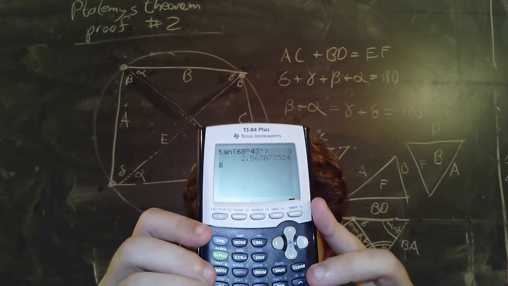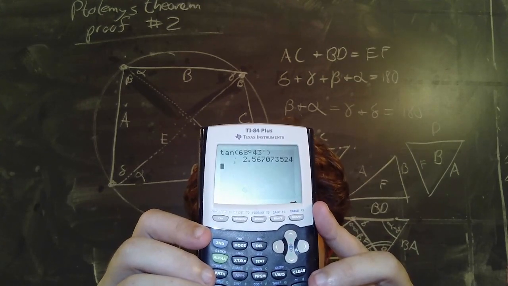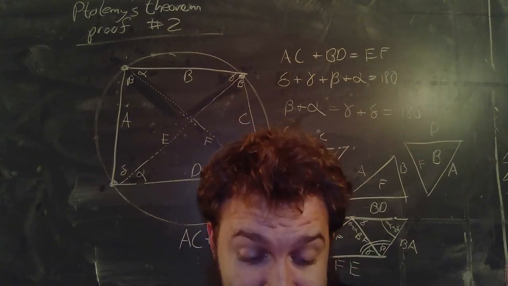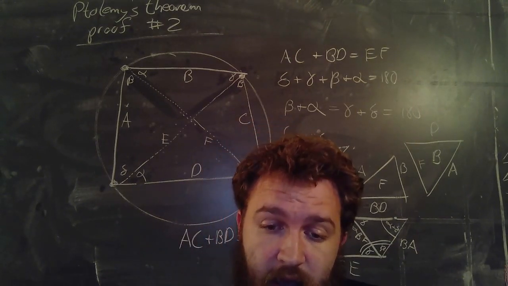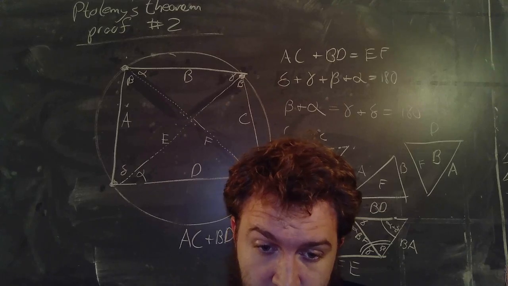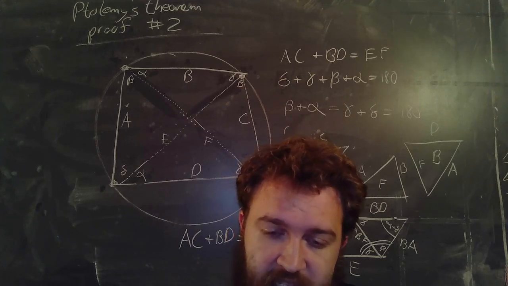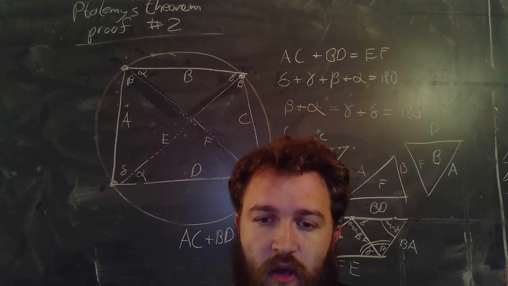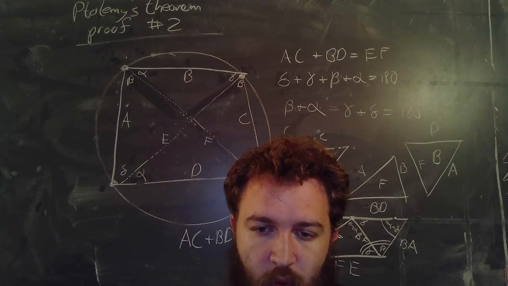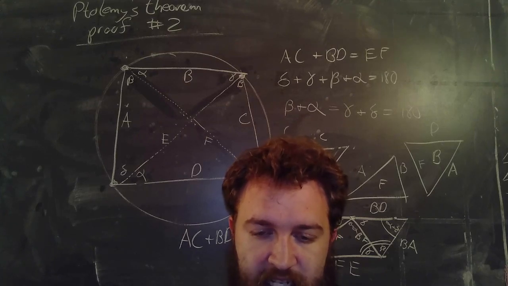When you hit enter, it gives us a ratio. And that's pretty much it. That is section 2.3. So we can either do degrees and minutes, in which case we have to use that second apps button in order to do those types of calculations, or we can be given an angle that has a decimal attached to it.